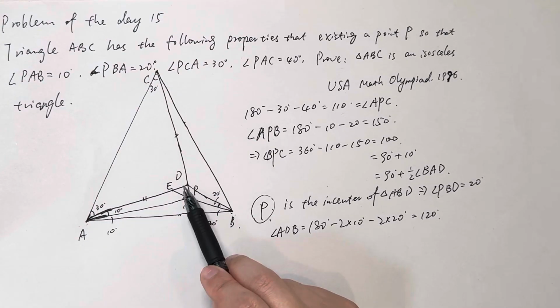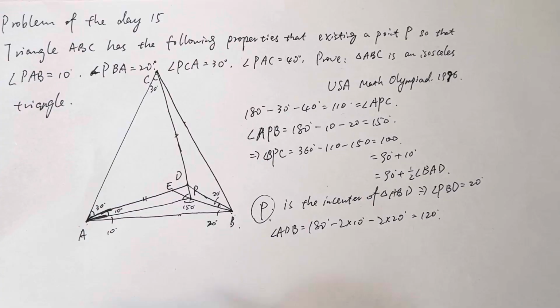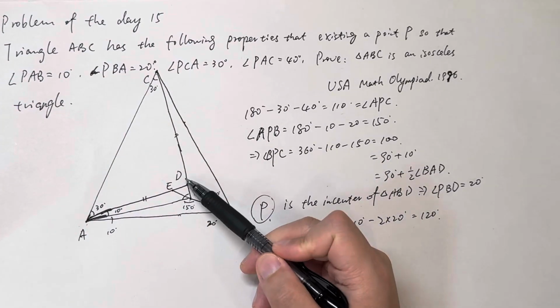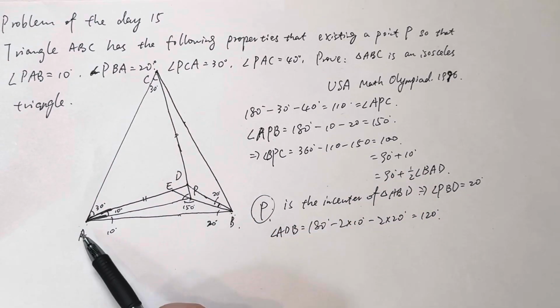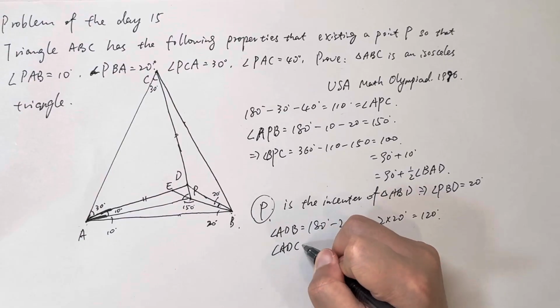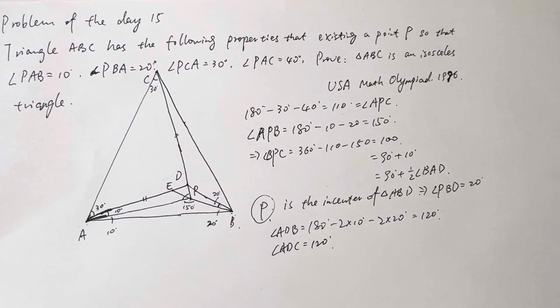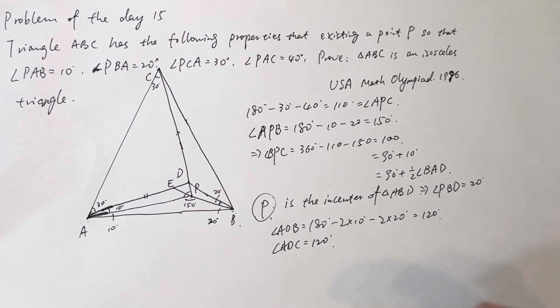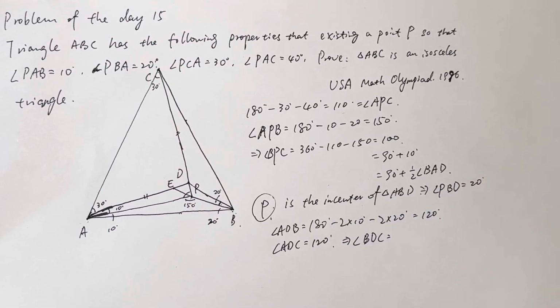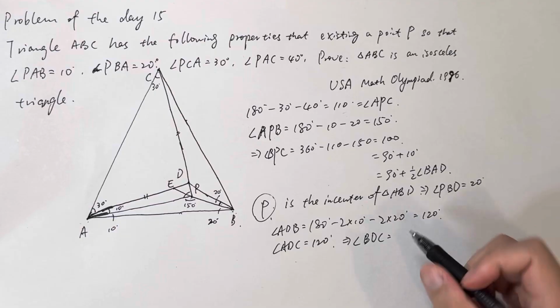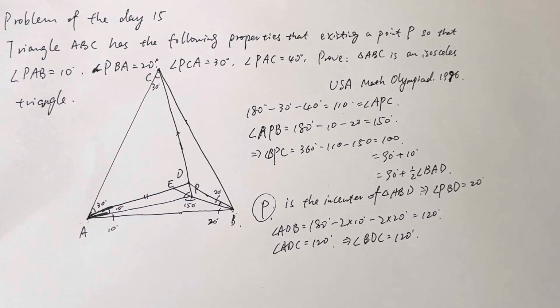And angle ADC is 120 degrees because this is 30 degrees, this is 30 degrees. So total is 60 degrees, 180 minus 60, that's 120 here for the angle ADC. Right? So we know that angle BDC equals to 360 minus 120 minus 120, that's 120 degrees.